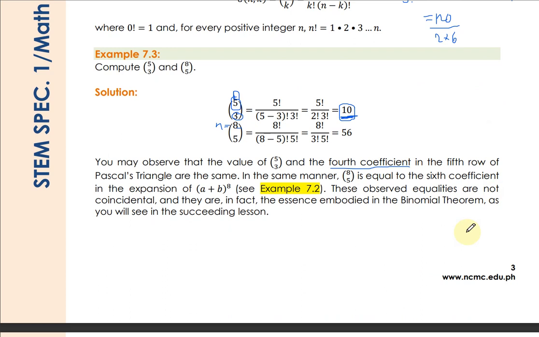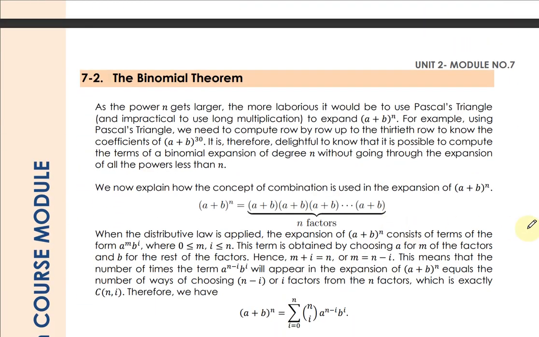Okay, so these observed qualities are not coincidental, they are fundamental, and they are in fact the essence embodied in the binomial theorem, as we are going to discuss in the next section. So for the binomial theorem, this is an advantage when n is a large number.